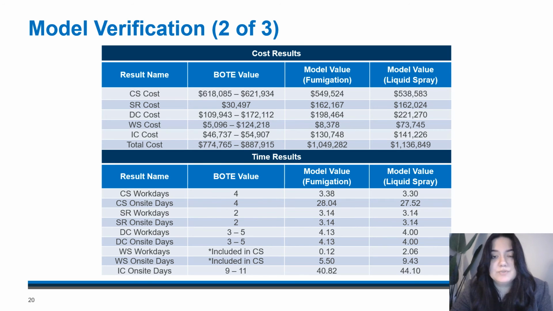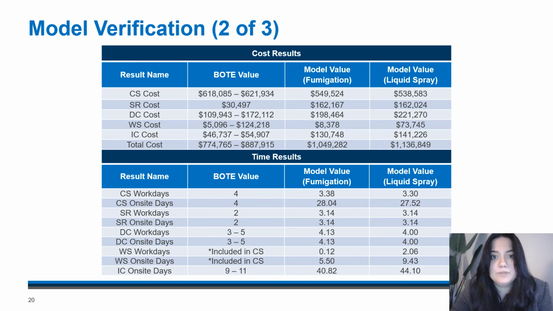So the final results for the BOTE validation study are shown here. And you'll note that one model run was completed with fumigation applied to all surfaces, and then another was completed using liquid spray decontamination on all surfaces, as these are the two decon methods that were used during the mock scenario. It was an indoor scenario, so it is applicable only to the indoor scenario type.